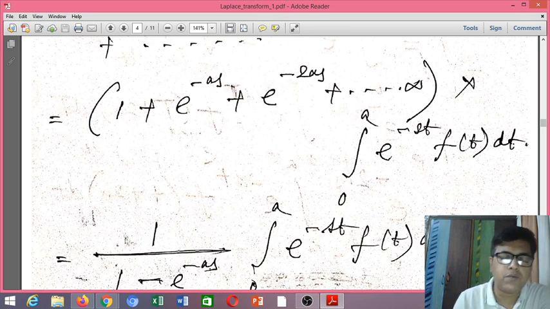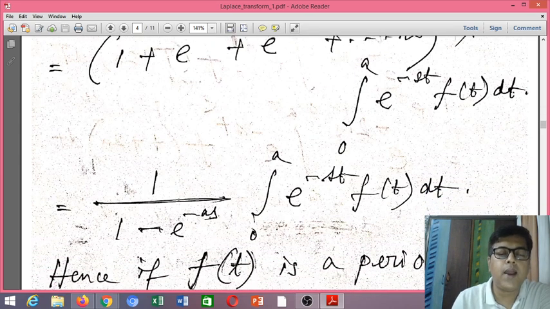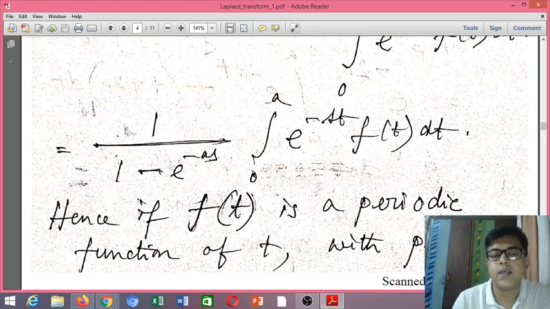The common ratio for this series is e to the power minus s, and the first term is 1. So it is a by 1 minus r, and if you apply it, you get 1 by 1 minus e to the power minus s, multiplied by the integral obtained earlier, from 0 to a of e to the power minus st into f(t) dt.